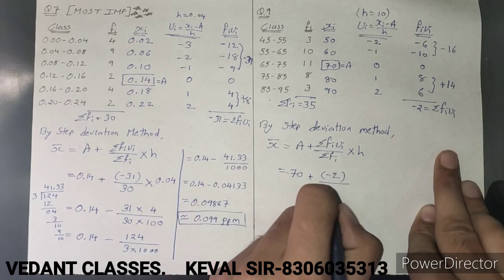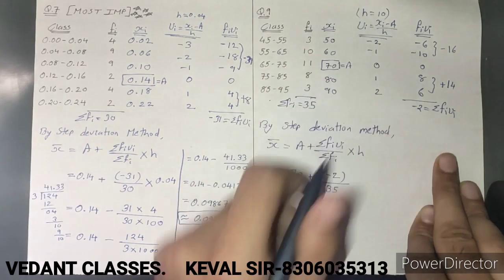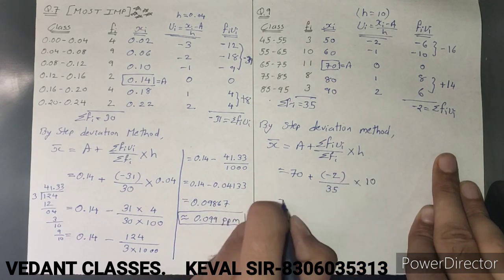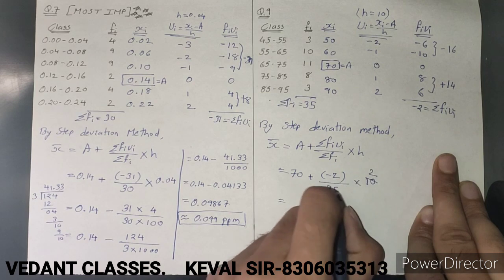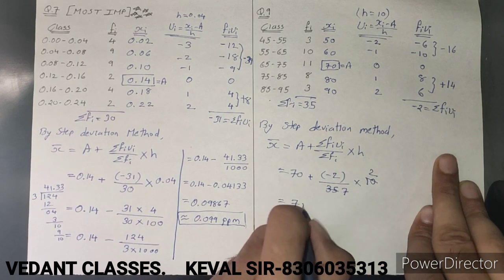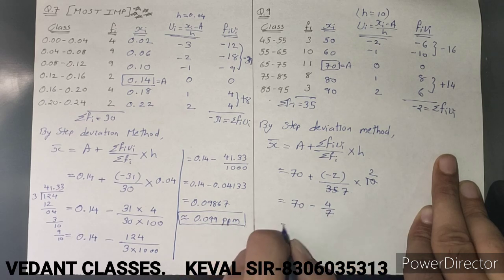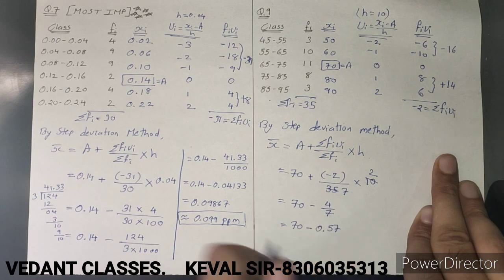Value of sigma fi, that is 35, and value of h is 10. Okay, so we'll cancel it, 2, and this will be 7. So 70 minus 4 by 7. Dividing 4 by 7 we get 0.57. Subtracting these two values, you will get 69.43.